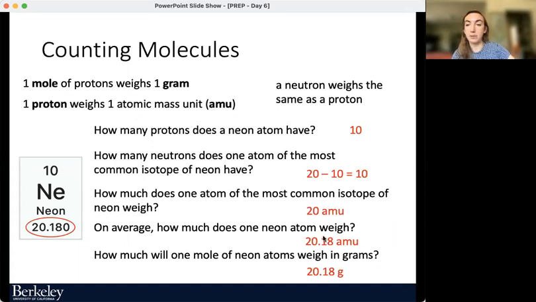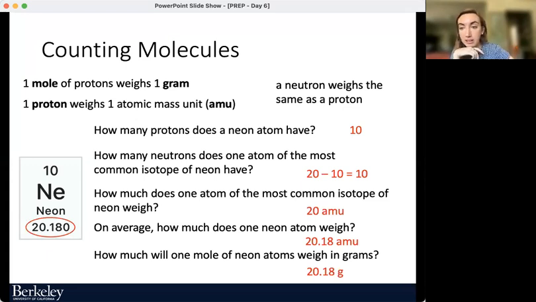So yes, in response to the question in the chat, if you pull this number off the periodic table, it is both the average mass of 1 atom of that element and the mass in grams of 1 mole of that element. So this is not a coincidence. We defined atomic mass units and moles, that is Avogadro's number, so that this would be true. That is where those numbers came from.